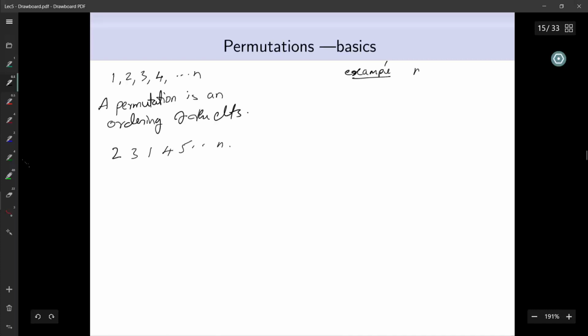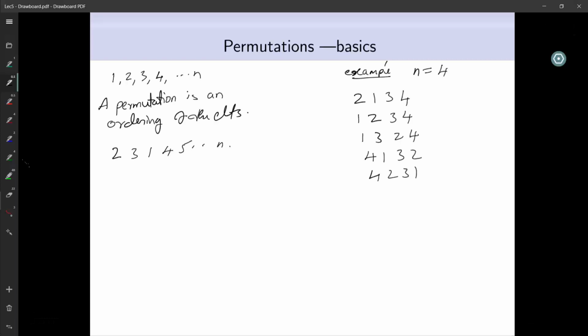Let's take n as 4. So permutation 1 is 2, 1, 3, 4. Another permutation is 1, 2, 3, 4. Others are 1, 3, 2, 4; 4, 1, 3, 2; 4, 2, 3, 1 and so on. So there are lots of permutations.